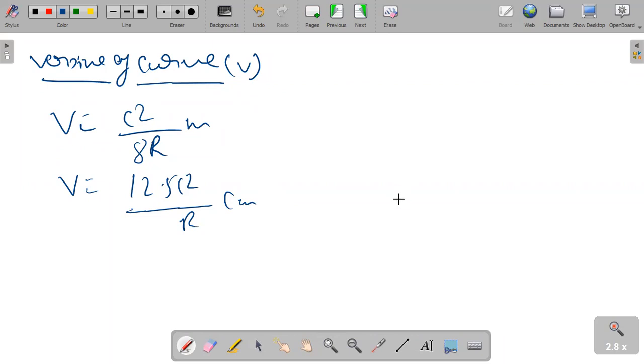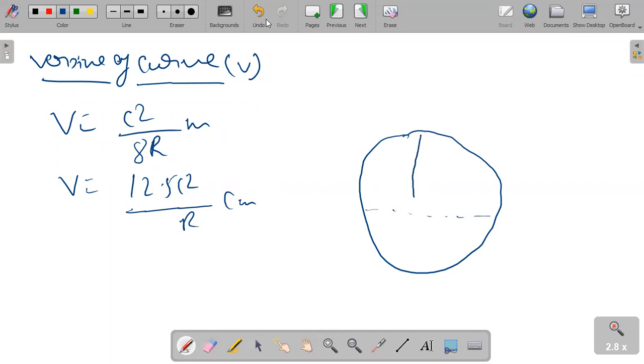Okay, so basically what is V? Let's draw a diagram so that we'll understand it very clearly.